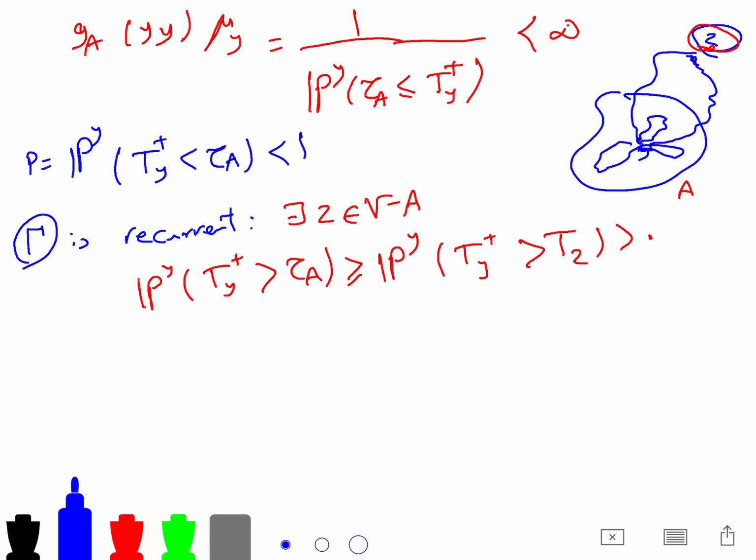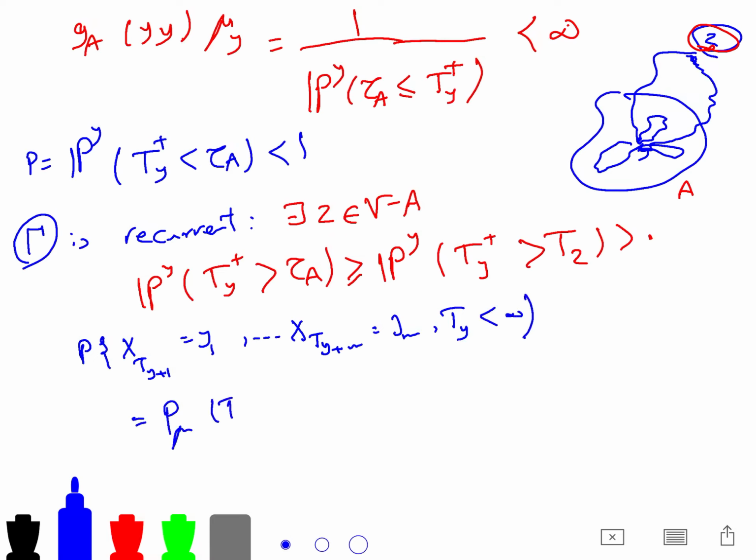And again, we are using the strong Markov property. It is very important because if you apply it for T_y, we can write, as I recall, X_{T_y+1} equal to j_1 and X_{T_y+m} equal to j_m. This technique we use for many proofs. To prove many theorems we need the strong Markov property, and it's very easy.